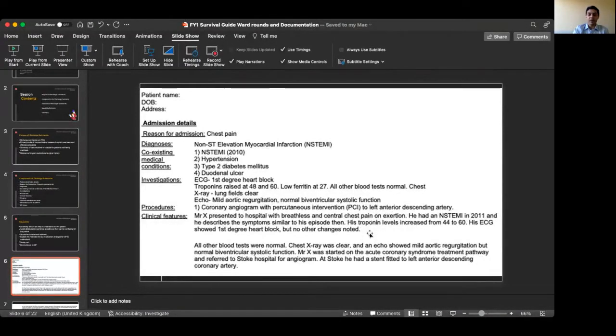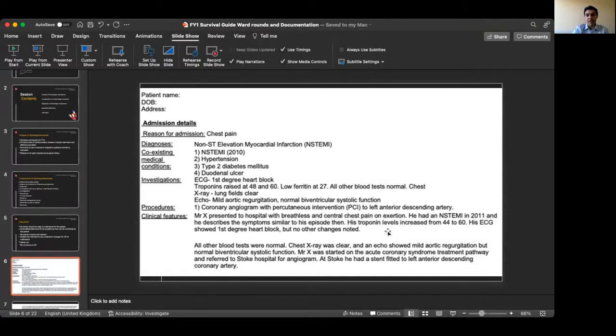So I talk a bit about the relevant past medical history. I go on to speak about troponin levels being 44 and 60 on admission, and ECG showing first-degree heart block, but not showing any signs of ST elevation.